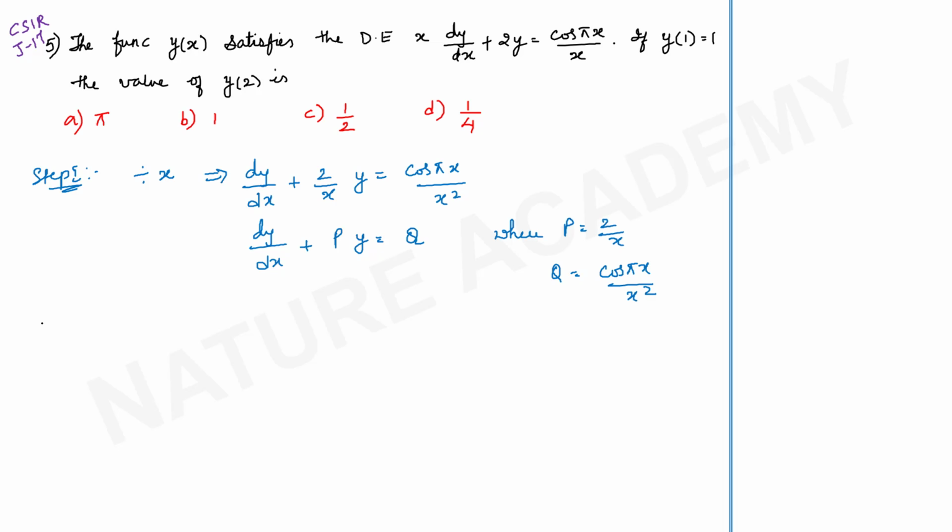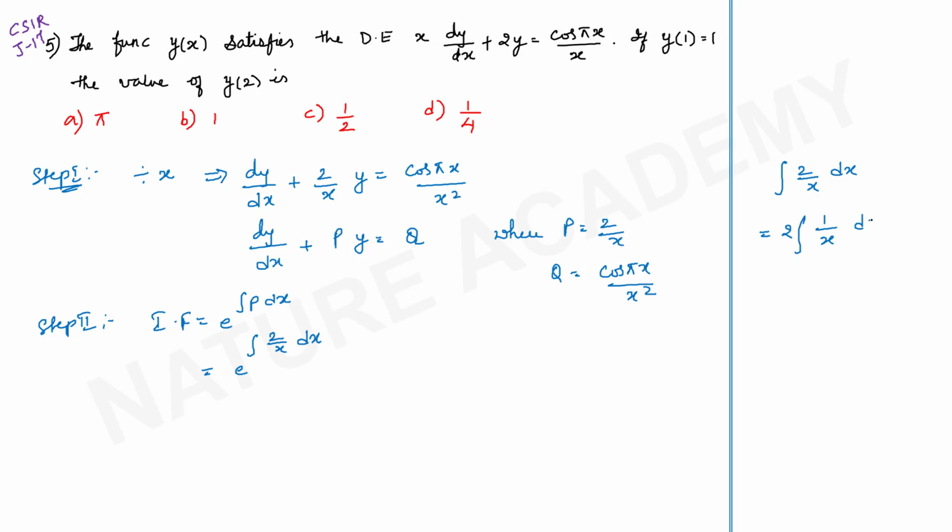Now it is very simple for me. Step 2, I will just find the integrating factor for this linear differential equation. The integrating factor is equal to e raised to integral p dx. So e raised to integral, value of p is 2 by x dx. If I have integral 2 by x dx, I will take 2 outside because it is a constant.